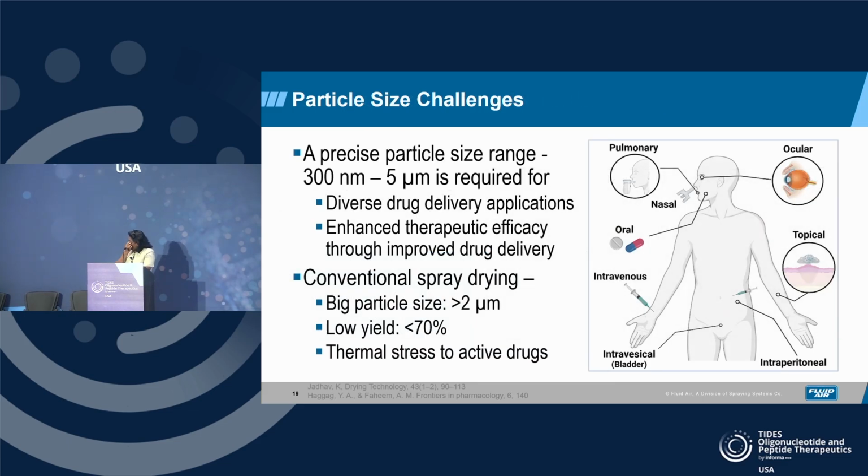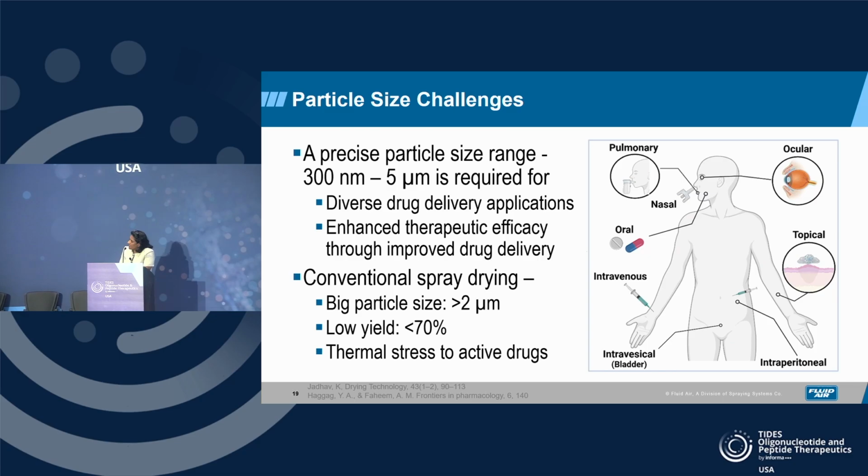Another advantage using electrostatic dryer is with conventional spray drying, with the secondary drying, there is a loss of those fine particles. So for some applications where particle size is smaller, the recovery yield is lower in conventional spray drying unless you use additional techniques to get higher yields.